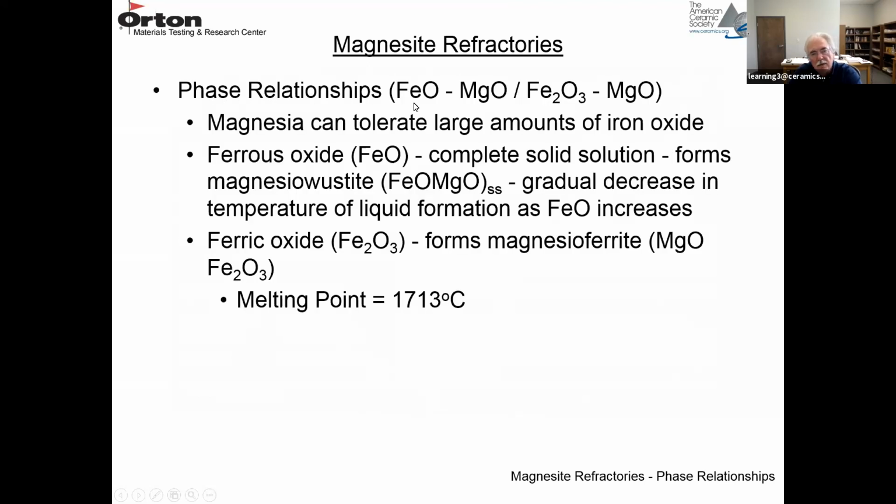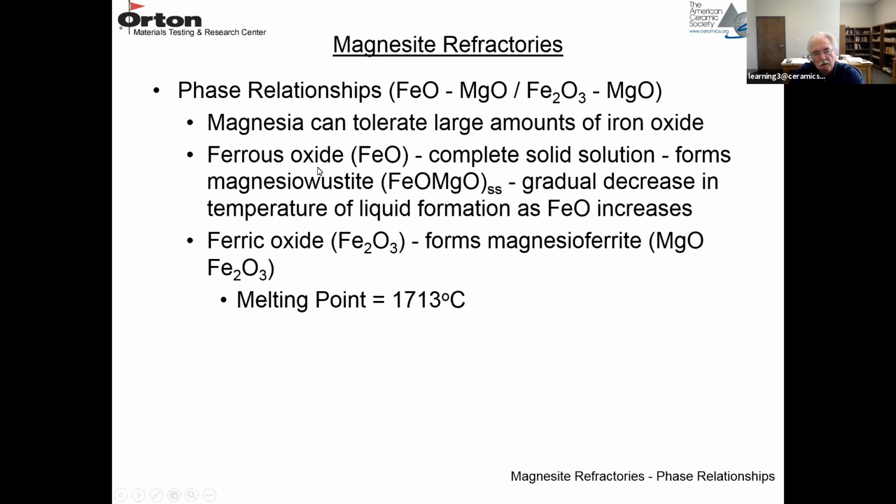So if we look at some more phase diagrams, FeO-MgO and Fe2O3-MgO. One good thing about MgO, it can tolerate large amounts of iron oxides in either one of these forms. So in a steelmaking application, if FeO or Fe2O3 penetrates the MgO grains or crystals, you still have a high temperature material.